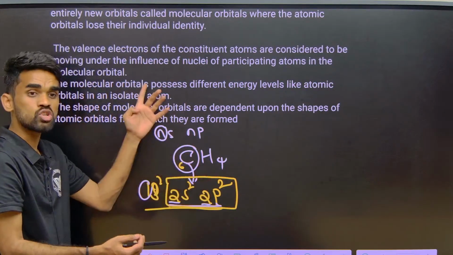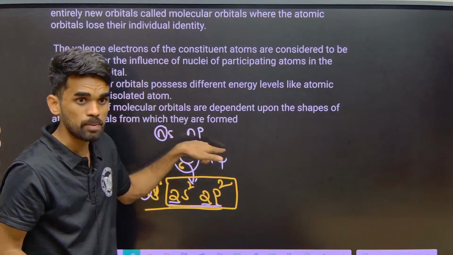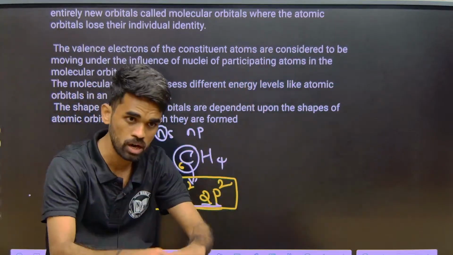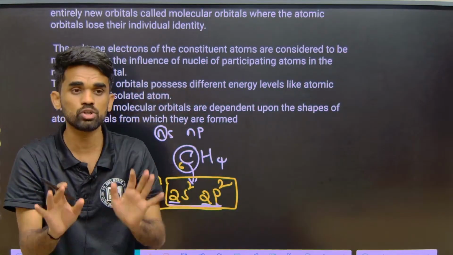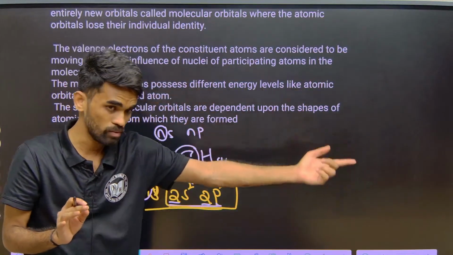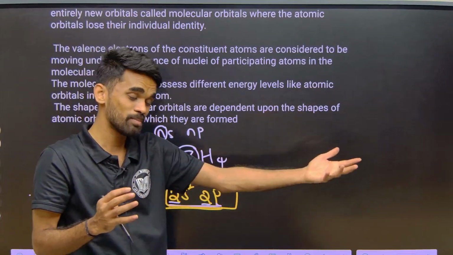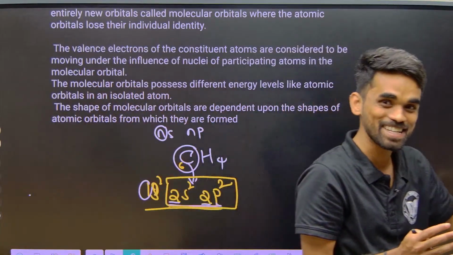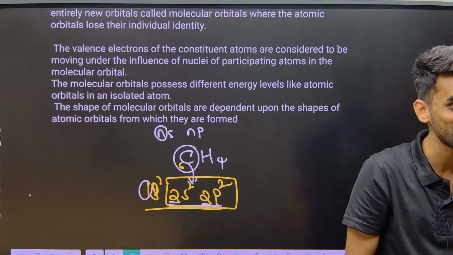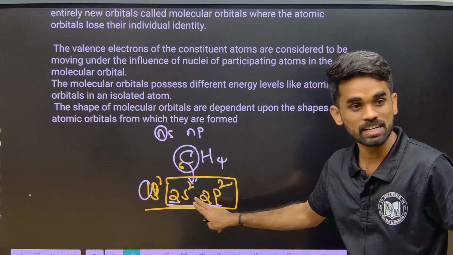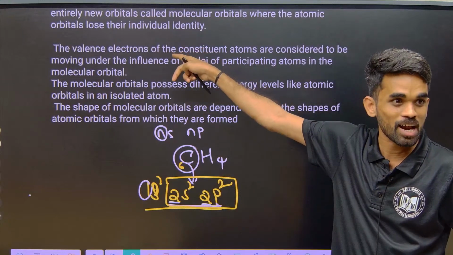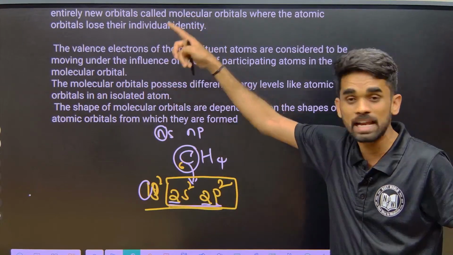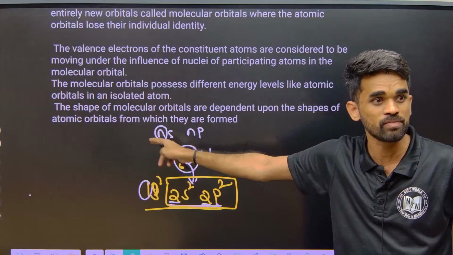That was for hybridization. But in molecular orbital theory, all the electrons of the corresponding element will be taken into consideration. In the normal hybridization concept, what did we discuss? Only valency electrons participate. But in molecular orbital theory, all the electrons of the element participate.